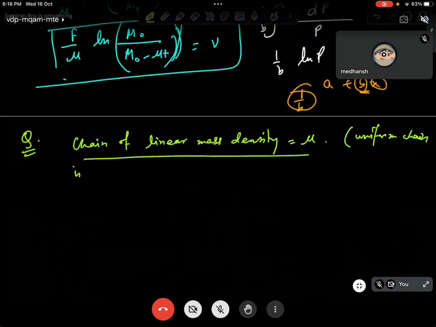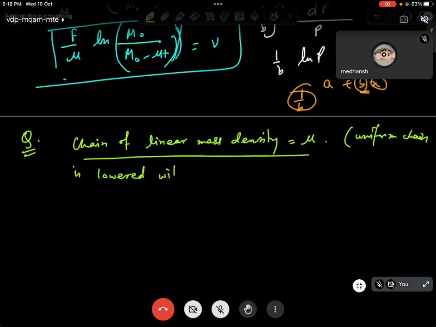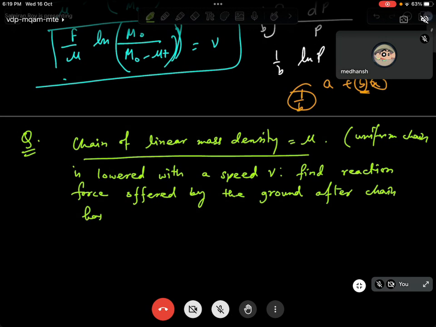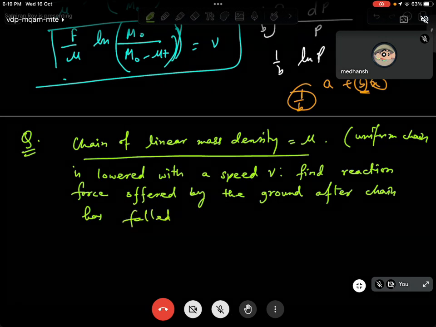It is lowered with a speed v. Find the reaction force offered by the ground after the chain has fallen through distance y.